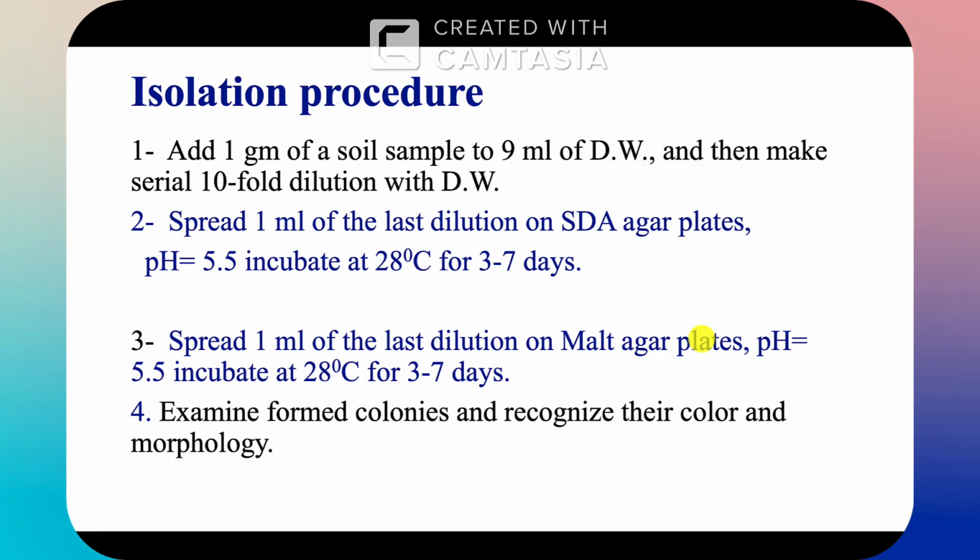So you can simply take 1 gram of soil sample, some of you will bring the soil sample as an activity, of course, to 9 milliliters of distilled water, and then mix, and then do the serial dilution method, to around 6 or 8, either is okay.